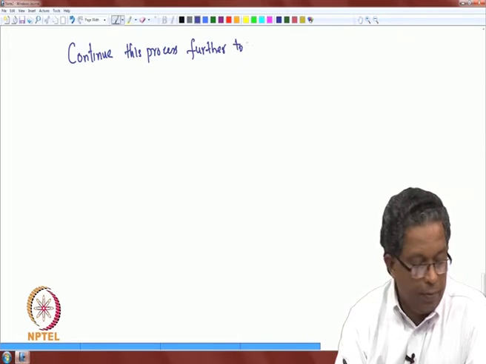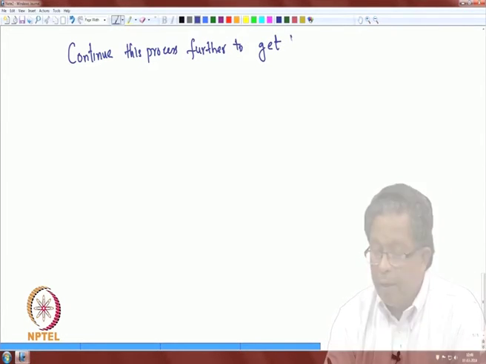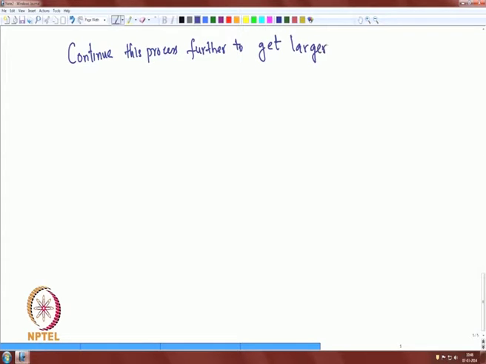So, to get larger intervals, the left endpoint is x 0 minus h, and the right endpoint is x n plus h n, where x n and h n are obtained at each step.